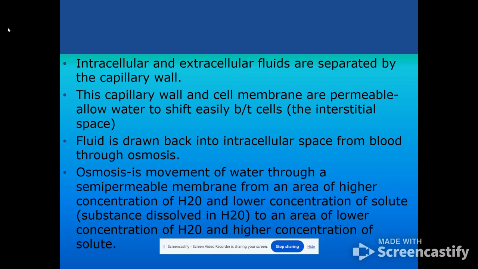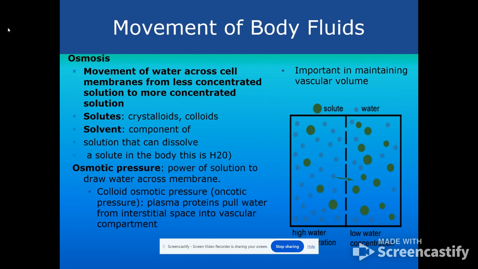So a little refresher on osmosis. Again, it's the movement of water across cell membranes from an area of higher water concentration to an area of lower. The goal with osmosis is to equalize water and the solutes. Solutes are substances that dissolve in a solvent, and solvents are substances capable of dissolving a solute.